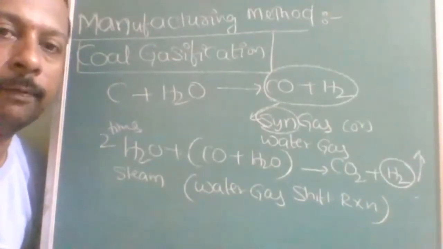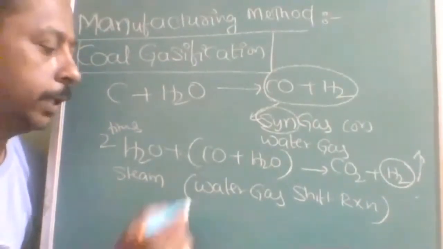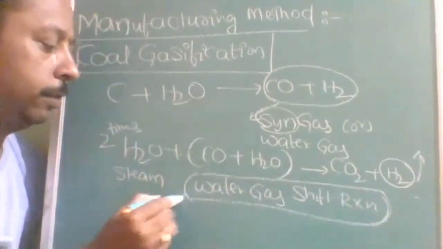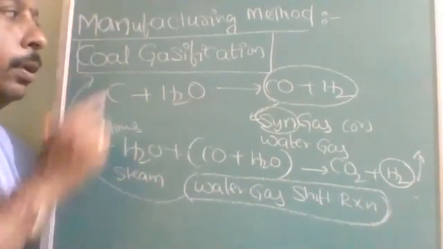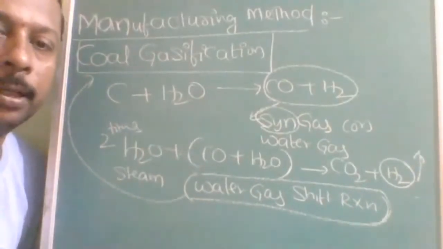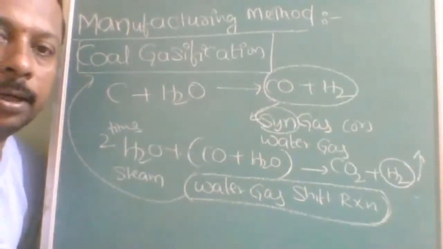So, coal gasification. The coal gasification method is also called the water gas shift reaction. Coal gasification and water gas shift reaction are both the same, and we carry it out in two steps.